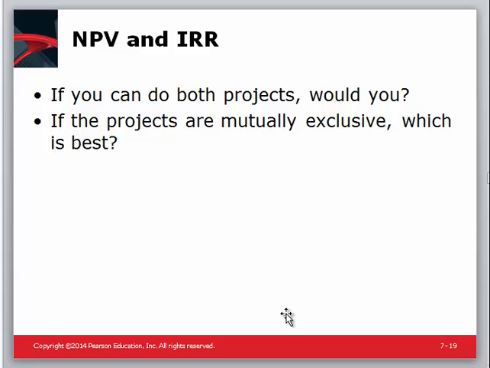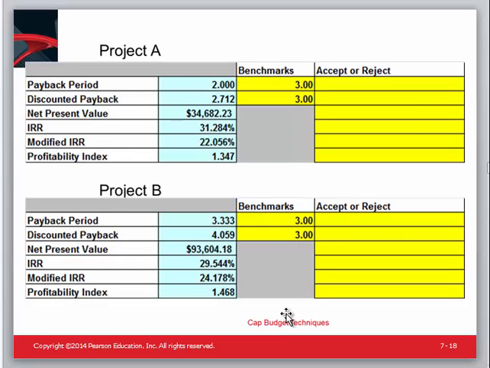So for net present value and internal rate of return, if you could do both projects, would you? And if the projects are mutually exclusive, which one is best? So let's kind of go back. The discount rate is 15%. The net present value for A is $34,000, and the net present value for B is $93,000.